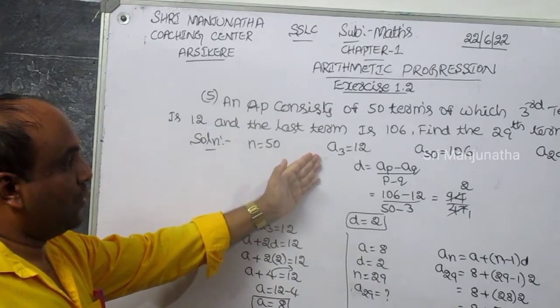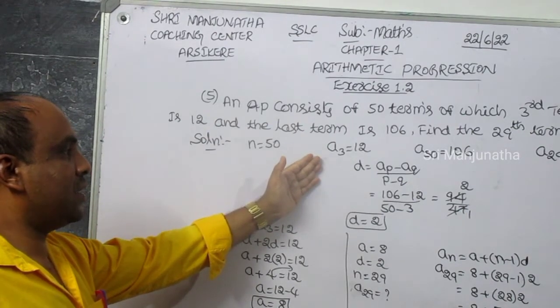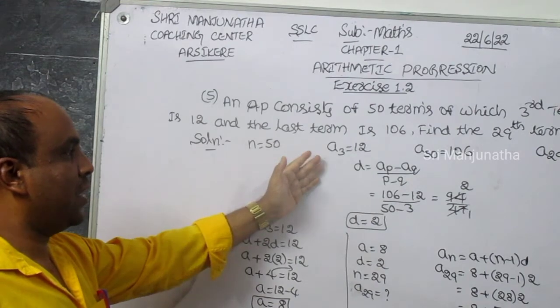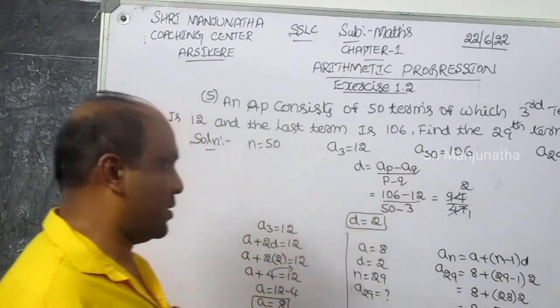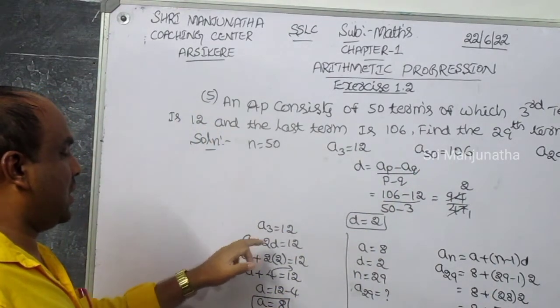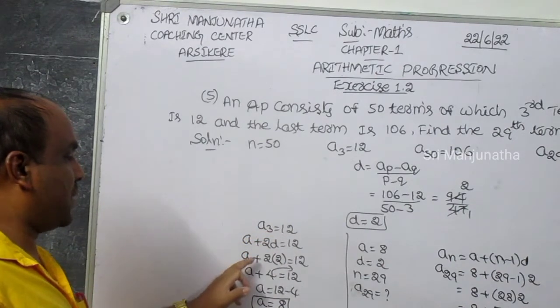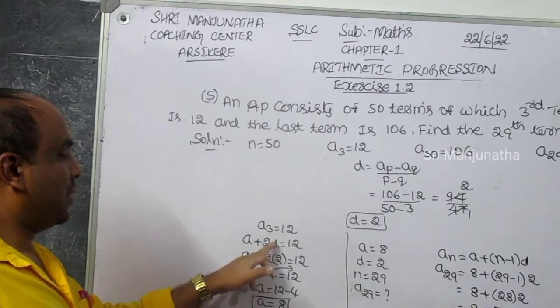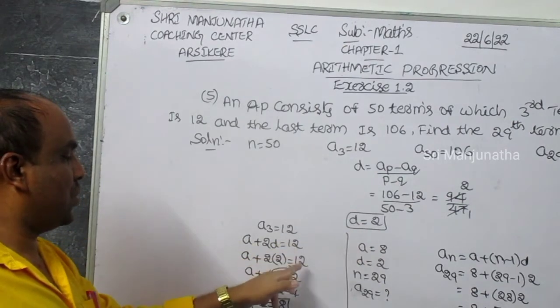Okay, two formulas are there, two instructions. For the third term, you can take either A3 equals 12 or A50 equals 106. I take A3 equals 12. A3 is A plus 2D equals 12. A plus 2 into 2, since the value of D is 2, equals 12.